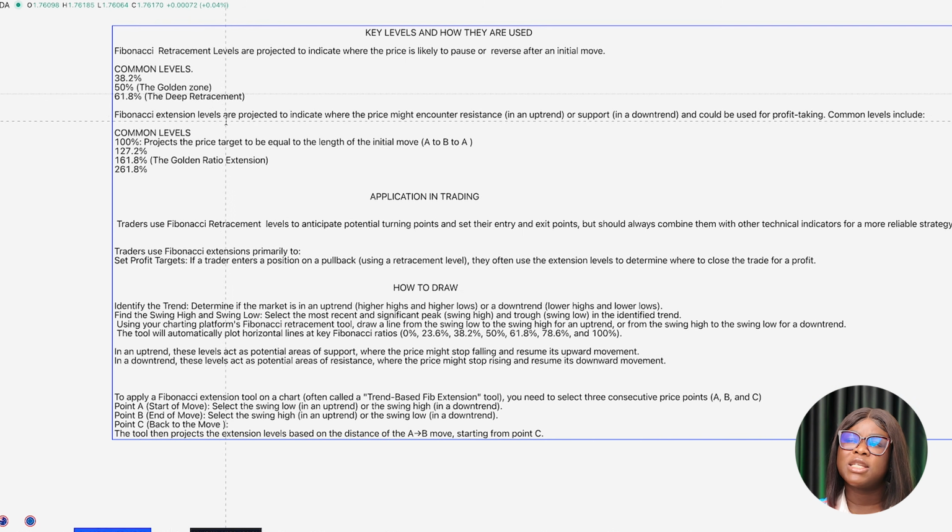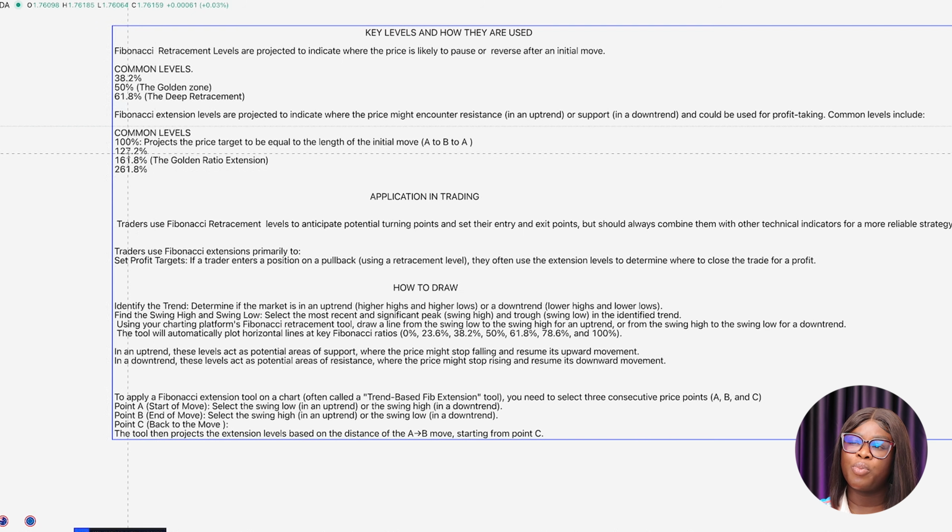The Fibonacci extension levels are projected to indicate where the price might encounter resistance in an uptrend or support in a downtrend and could be used for profit taking. Okay, so these are the common levels. The 100% projects the price target to be equal to the length of the initial move A to B to A, which I illustrated.